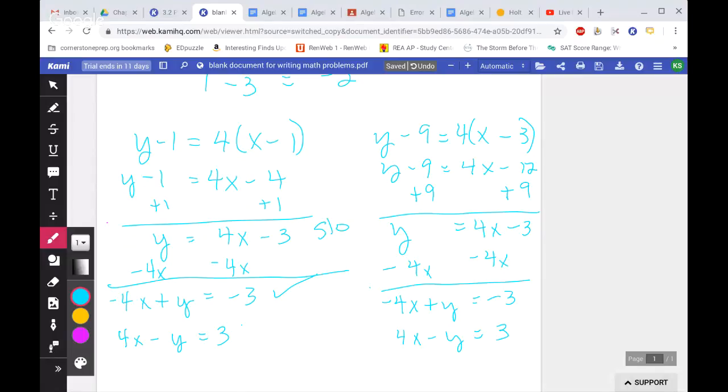Here we are in slope, no pun intended. Here we are in slope intercept, which they're the same, and your standard form is the same.